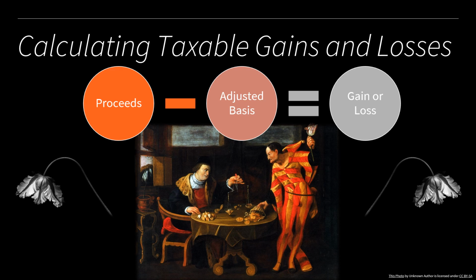Remember, basis is the cost, and then there are some things that happen over time to that cost that could add to it or subtract from it. But we take the proceeds, we subtract that adjusted basis, and that determines whether we have a gain or loss. If that amount is positive, we have a gain. If the amount is negative, we have a loss.